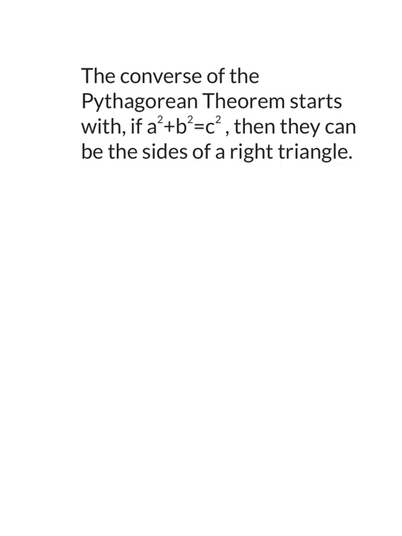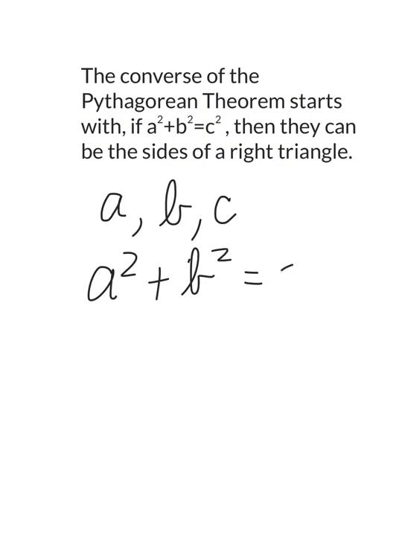So we start with the three numbers, a, b, and c. We put them into this equation, a squared plus b squared equals c squared. If these three numbers work in this equation, then we can say the triangle is right.